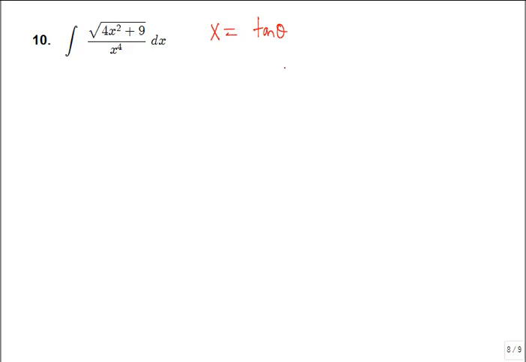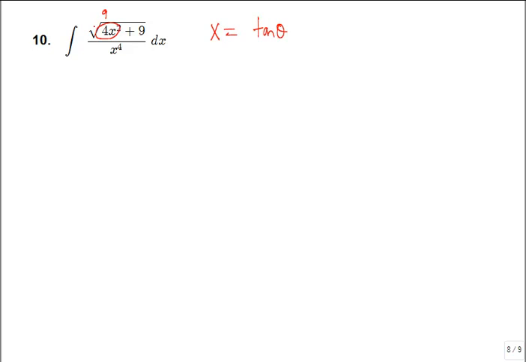The tricky part on this one is figuring out what your coefficient needs to be so that this will reduce nicely. What you want this coefficient to be after you've simplified is it needs to have a 9 in it so that it matches this 9, so that I can factor the 9 out from both. So how do I make the 4 go away and turn into a 9?